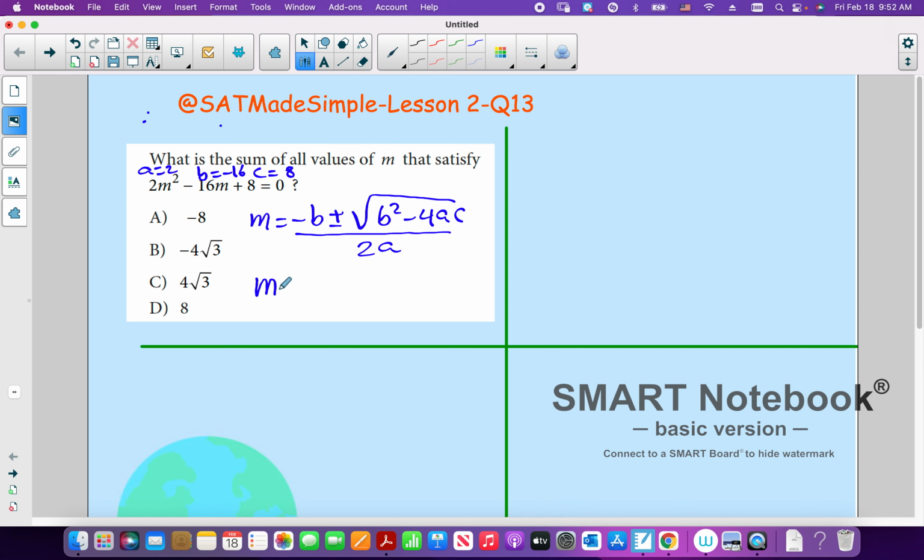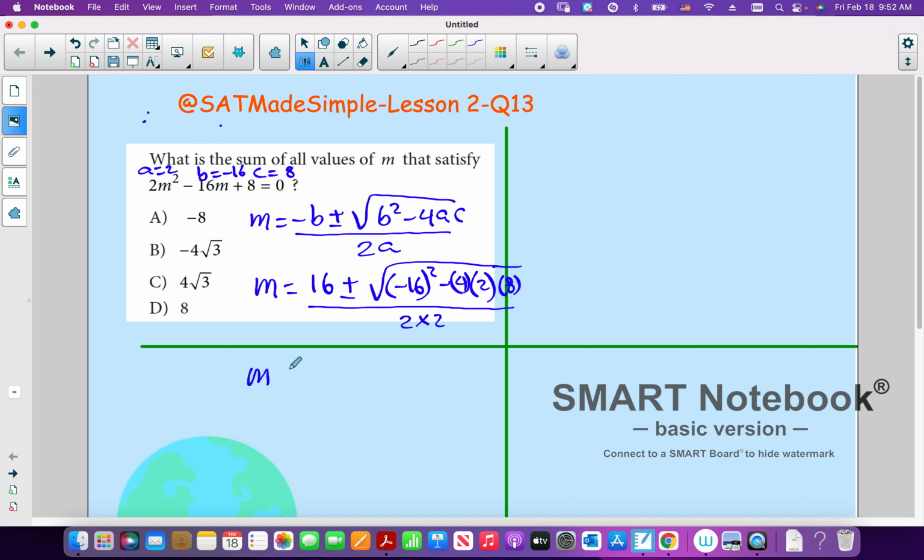So m is equal to minus minus 16, that'll be 16, plus or minus the square root of minus 16 squared minus 4 into a, which is 2, into c, which is 8, over 2a, 2 times 2.